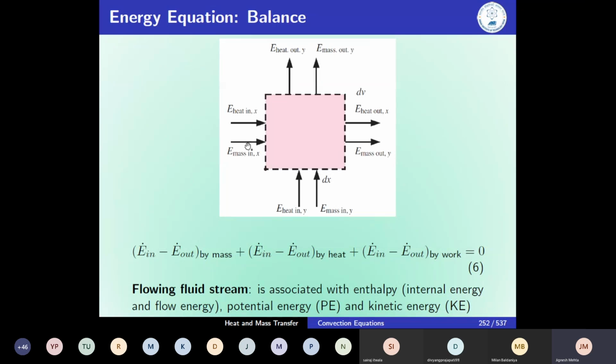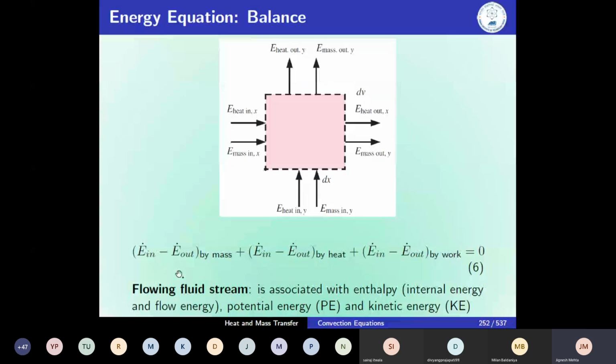So that's how you have categorized these two different things: one, the energy entering with mass, the other, the energy entering from the surface of the boundary. So heat is either entering or leaving, right? Again, those parameters entering from the x direction, entering from the y direction and leaving from the y direction, you illustrated in this diagram.